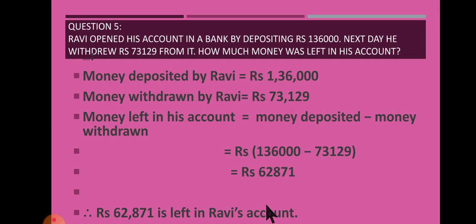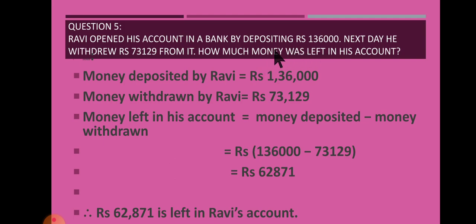Our next question is question number 5. Ravi opened his account in a bank. Ravi, the name of a boy, opened one bank account by depositing. You can give money to the bank, you can save it in your bank account.